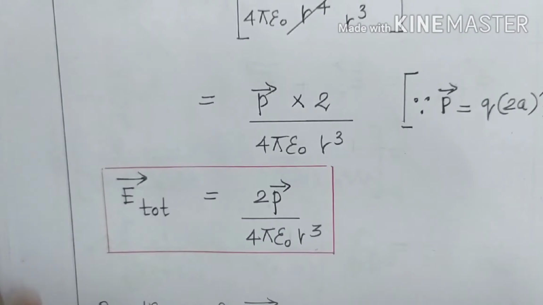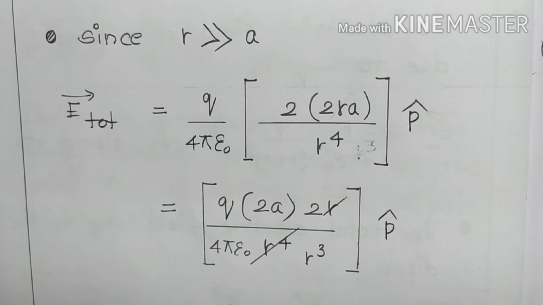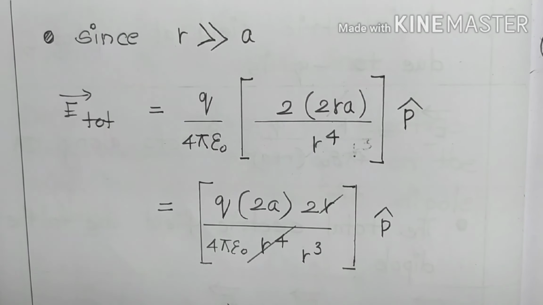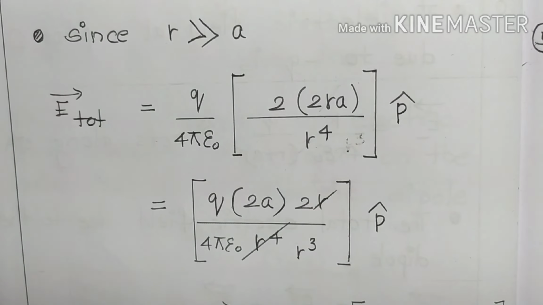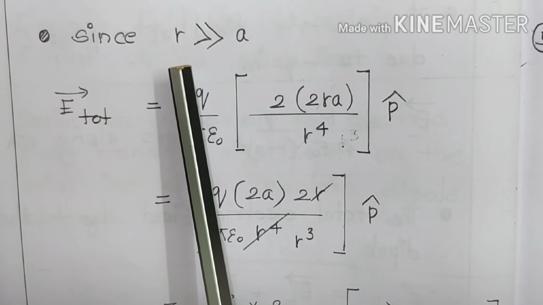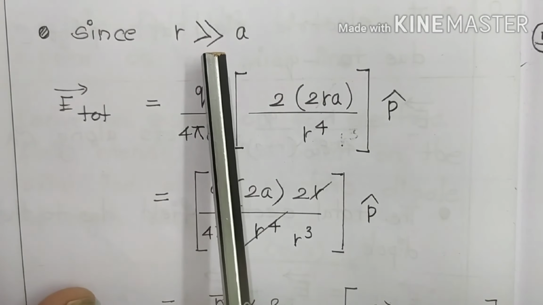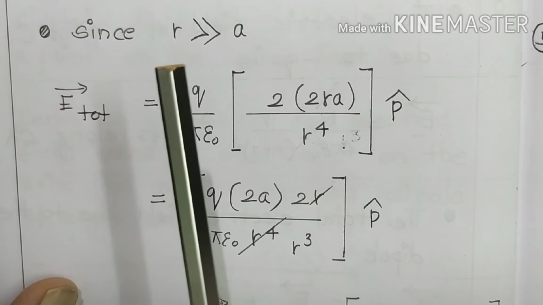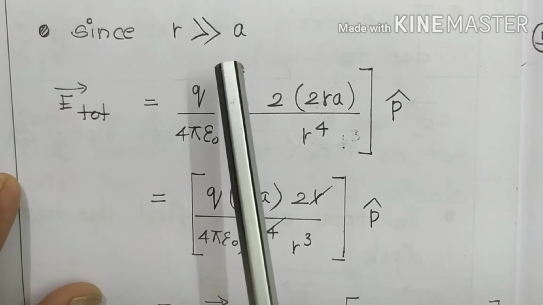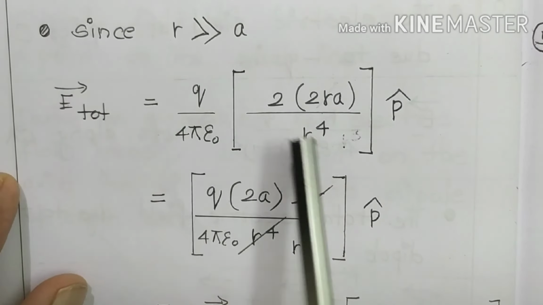Now in the next step, what we are going to do is, since R is very much greater than A, in other words, in comparison with R, the distance A, from A to O or O to B, is considerably very small. So we can drop the term from the equation.